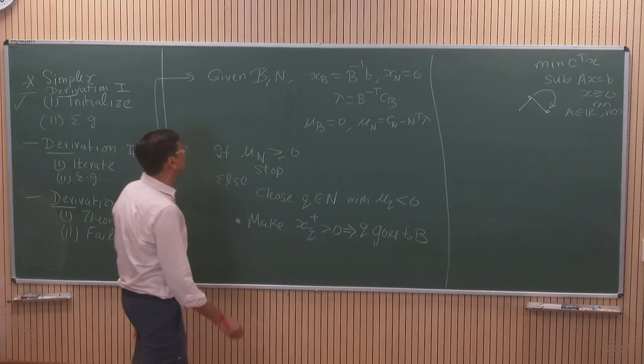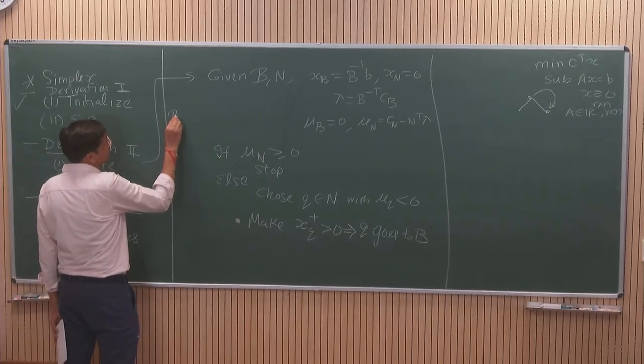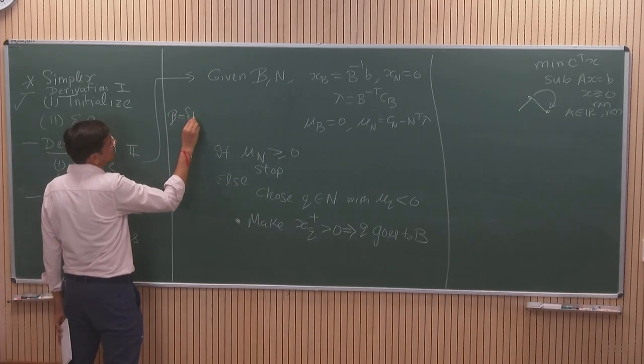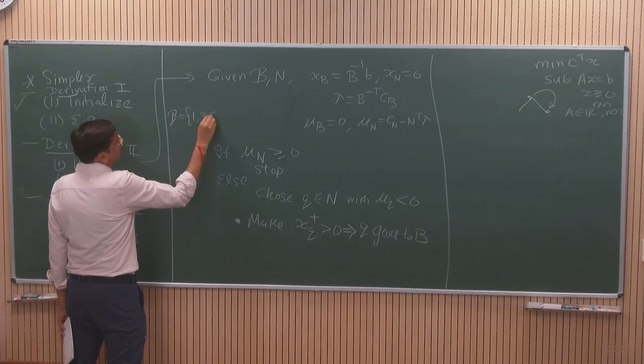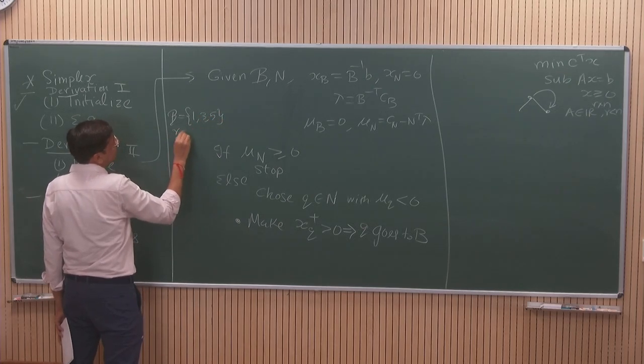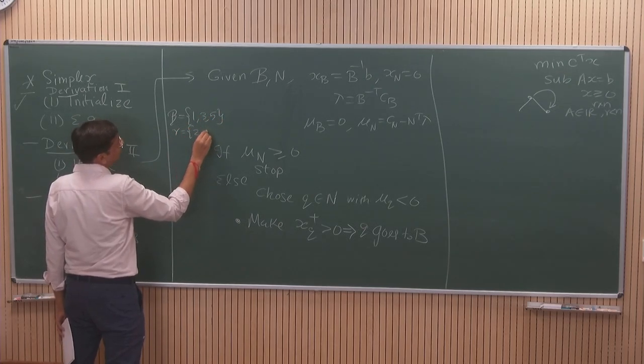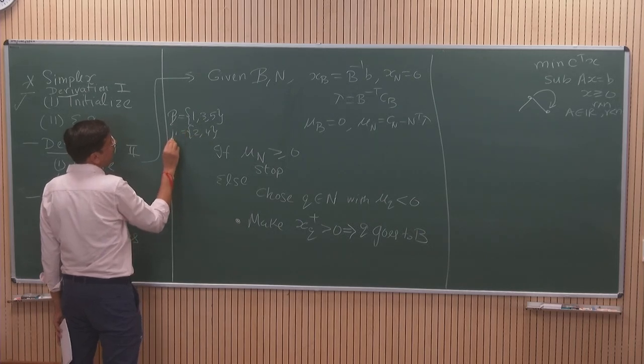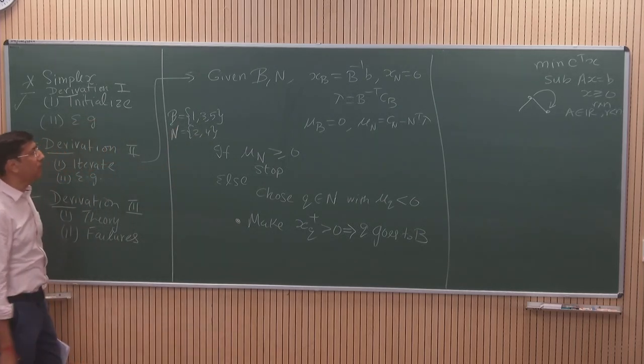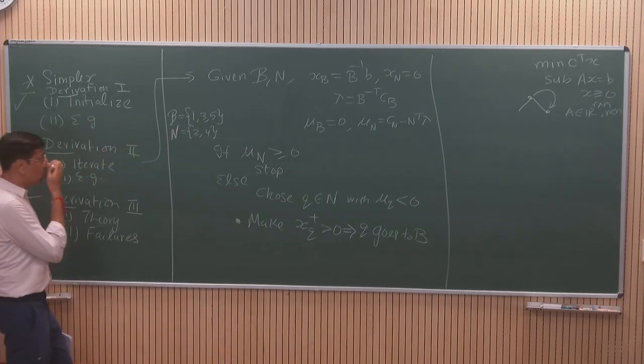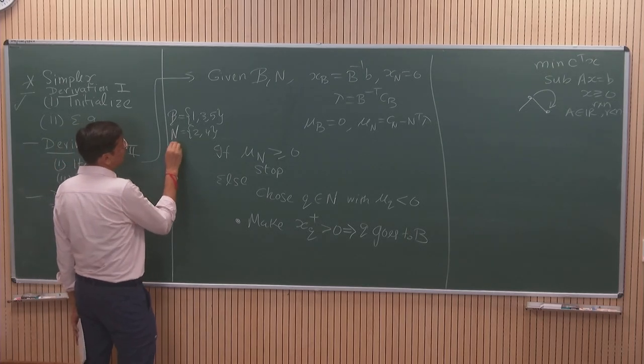To make your understanding better, I usually carry this example with me. Let's say n was 5 and R was 3, and the B set contains 1, 3, 5, and your N set contains 2 and 4, and let's say your q is equal to 2.